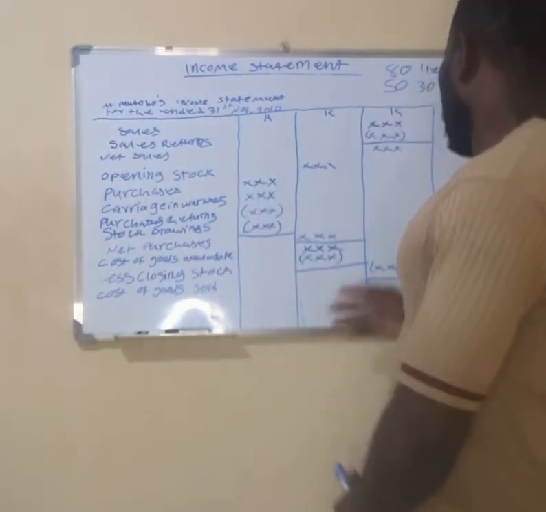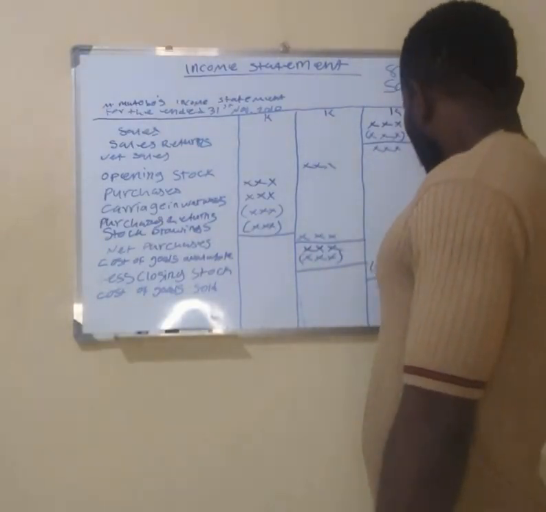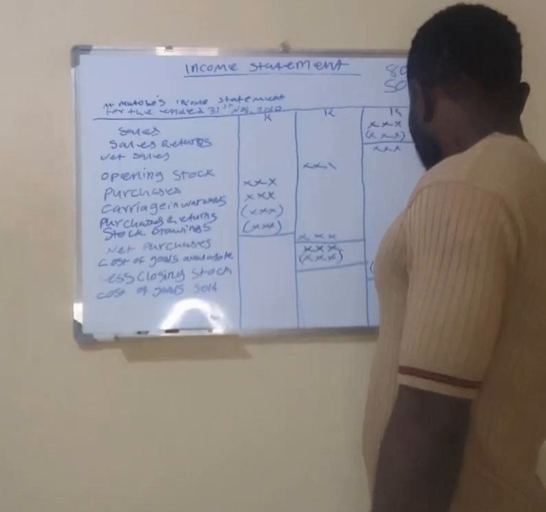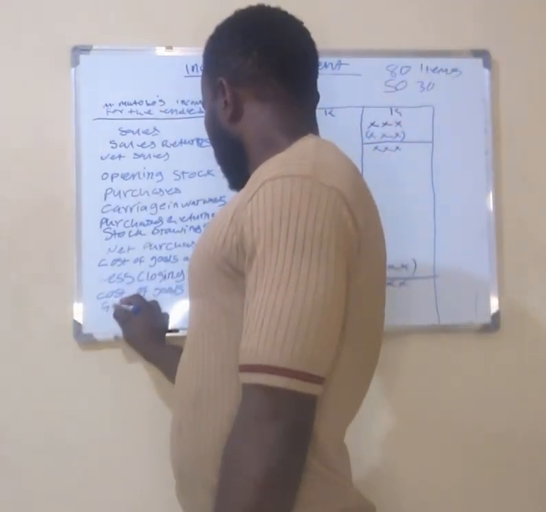So we're going to subtract this from the sales, and the amount that we're going to have is what is known as the gross profit.